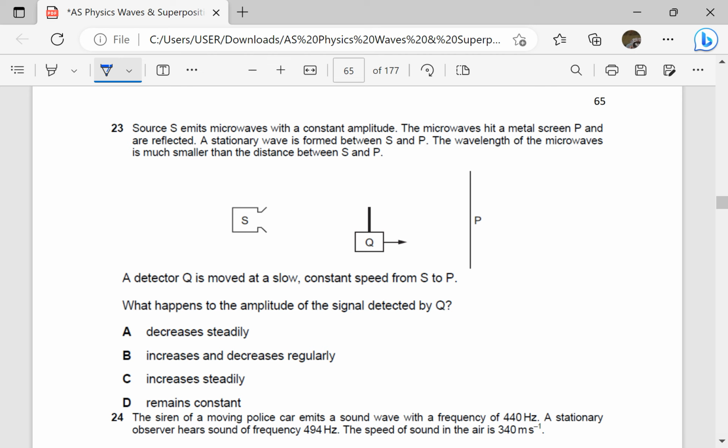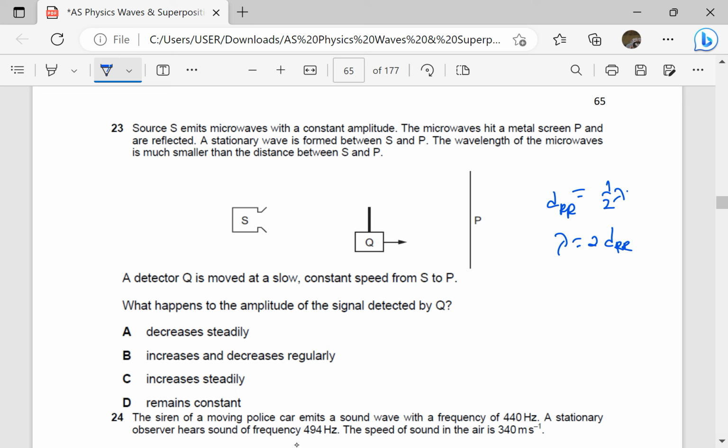They said the wavelength of the microwaves is much smaller than the distance between S and P. Remember, the distance between two successive nodes or antinodes is half a wavelength. So the wavelength is going to be twice the distance between two successive nodes or antinodes.